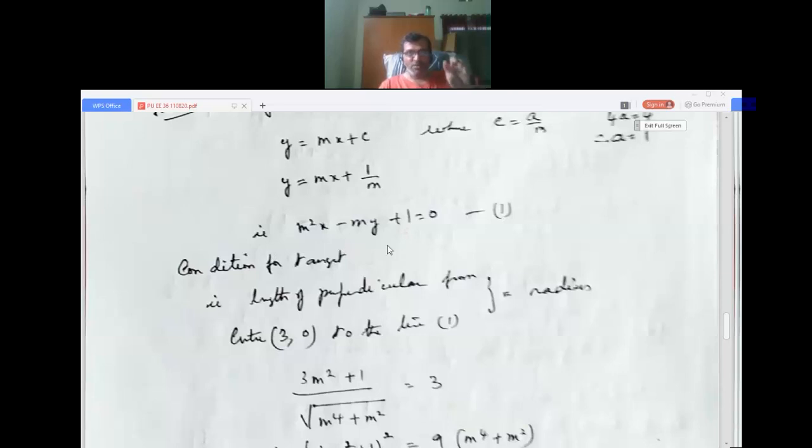Okay, this is a straight line, ax plus by plus c equals 0. The condition for the tangent, what is the condition?